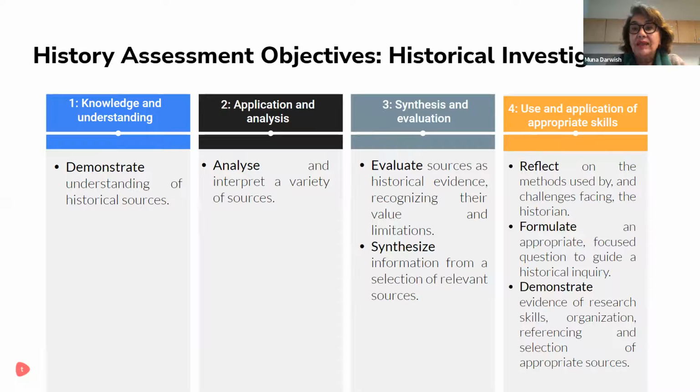We evaluate and synthesize, and then when we apply appropriate skills, we need to reflect, formulate, and demonstrate. And see how command terms keep recurring when we talk about any aspect of the history course, because they are the engine that guides the course itself.